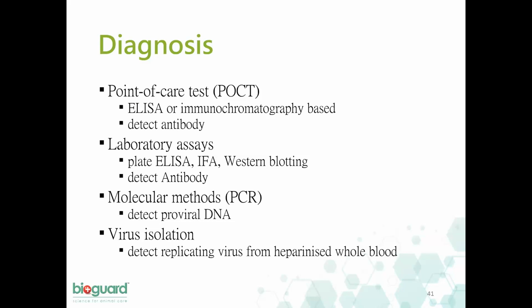Next are the molecular methods, or PCR, polymerase chain reaction. This is to detect the proviral DNA, or the RNA integrated as DNA, in the cat's blood. For virus isolation, they use heparinized blood to detect the replicating virus.